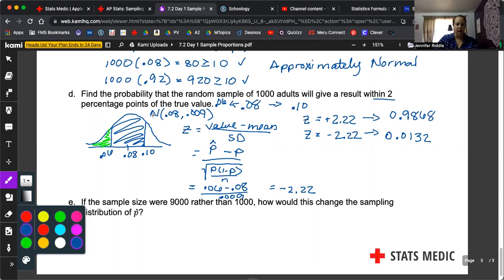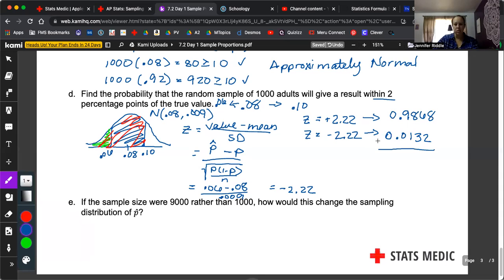That is this entire red area. And so in order to get just the blue area, I'm going to subtract those two numbers, 0.9868 minus 0.0132, and that gives me 0.9736 as my probability. So that's if you're doing it by hand.